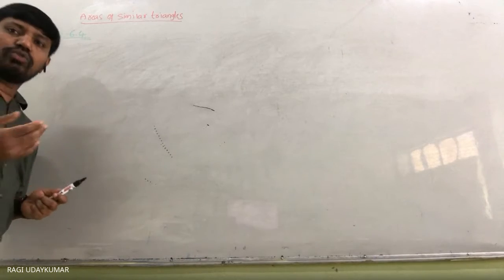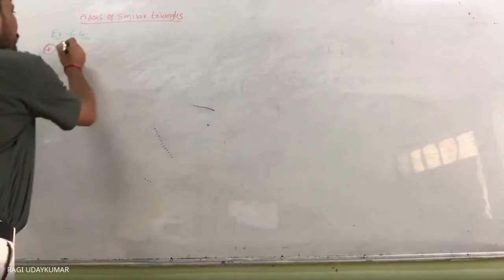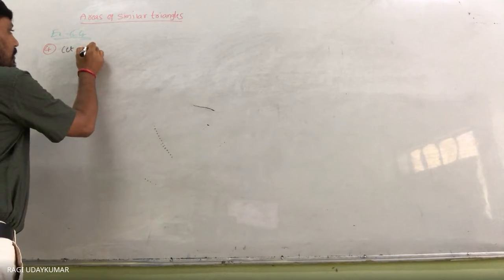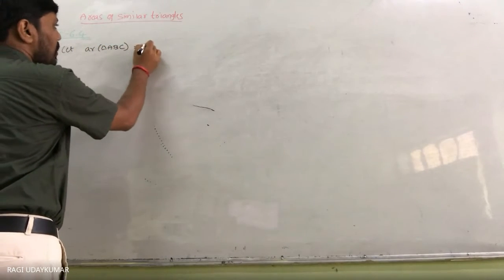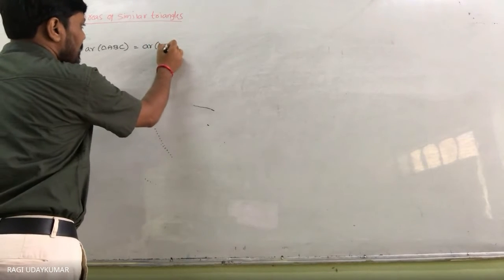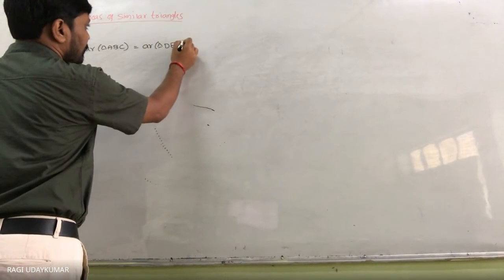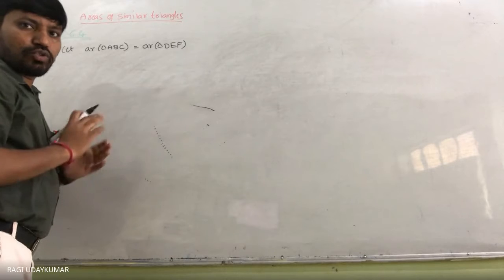So what is given here? Let us consider the two triangles. Let area of triangle ABC be equal to area of triangle DEF. These two areas are equal.